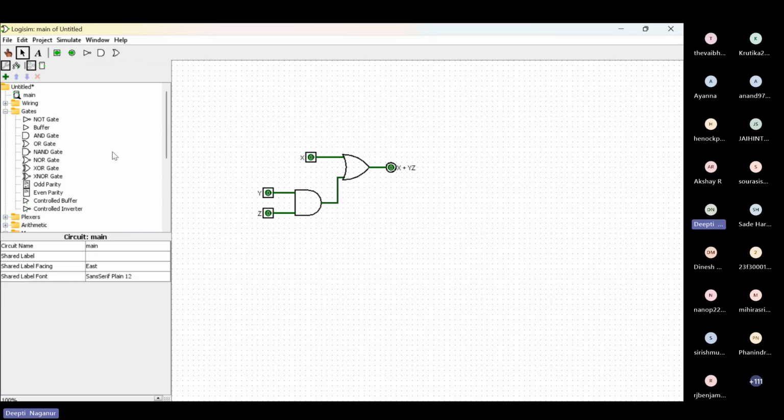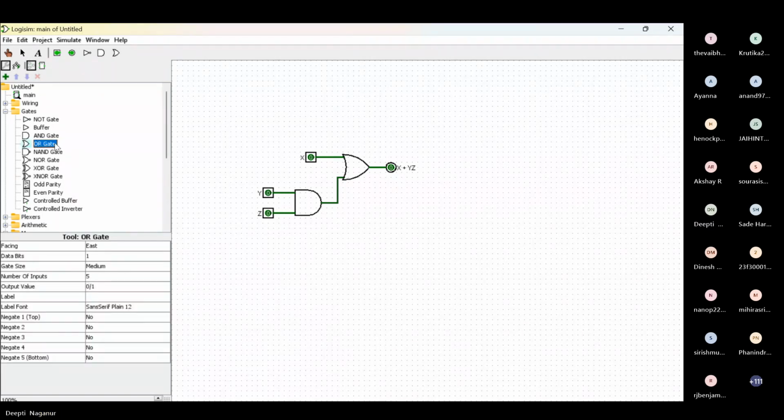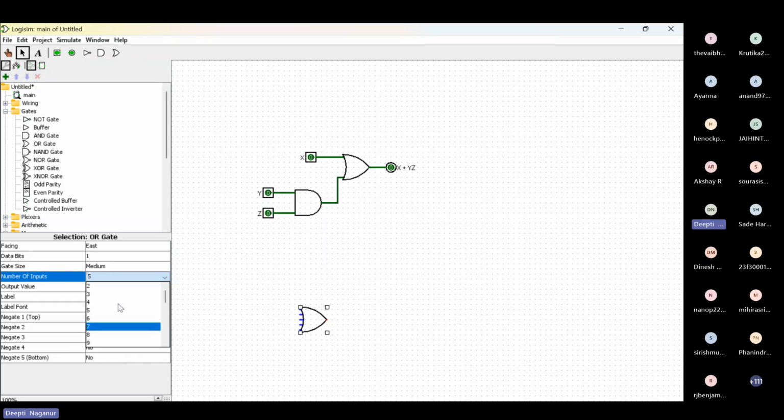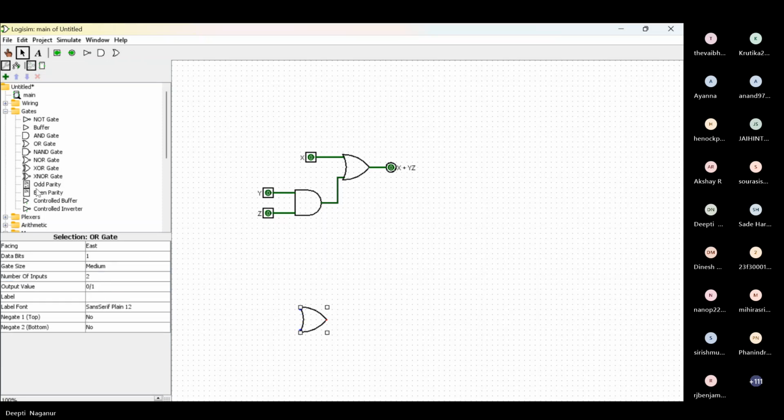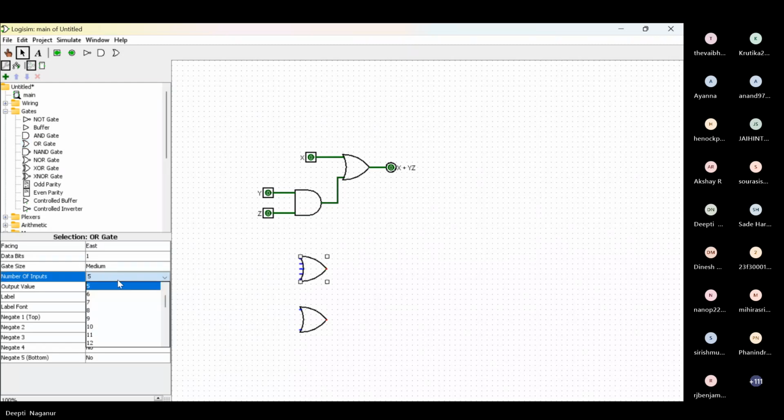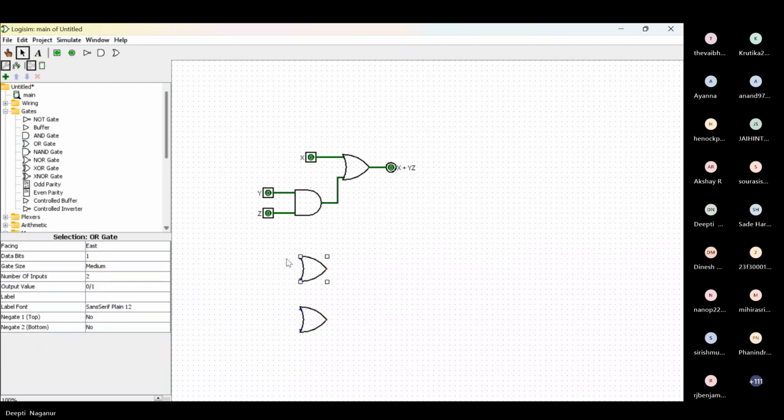I'll first take two OR gates. This will have again two nodes. And then an AND gate.